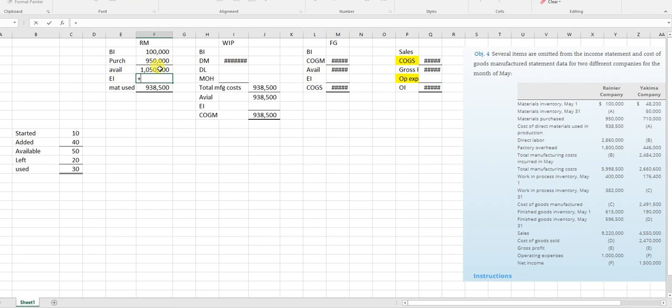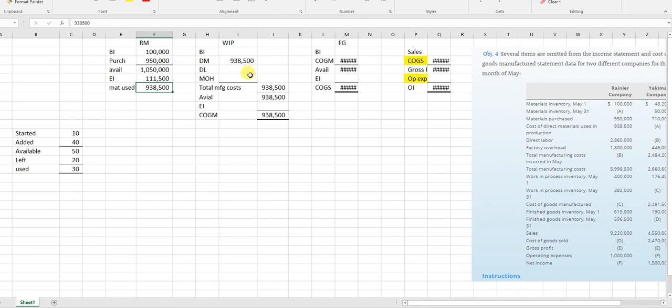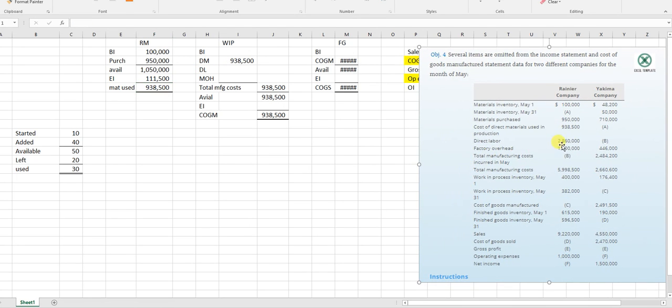Inventory is either sold or not sold. So if I have 938,500 used, then that one's not. So now I'm going to notice my direct materials comes over here. Move this over. Direct labor is 286.